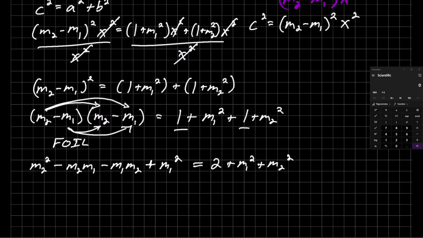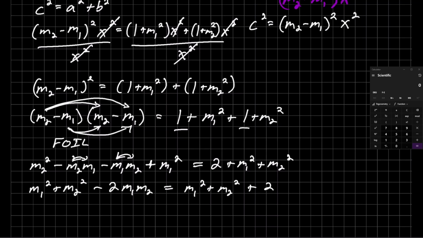And now I can rearrange a little bit. I have on the left m1 squared plus m2 squared minus 2 m1 m2. Remember that it doesn't really matter which way these are ordered, just with regular numbers, and so we can switch them as we need to. And that equals m1 squared plus m2 squared plus 2.